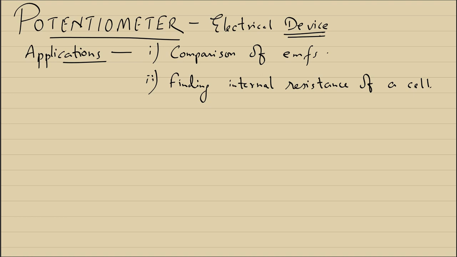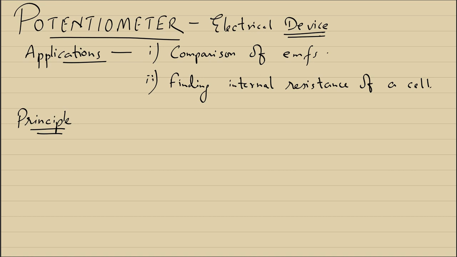Now, before understanding the applications, we first need to know the working principle because it is the most important aspect of any device. If you are able to understand its working principle, then you will definitely be able to understand its applications, and how we are using that device.